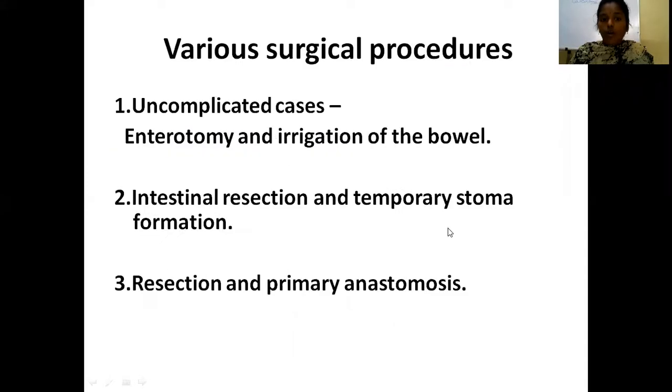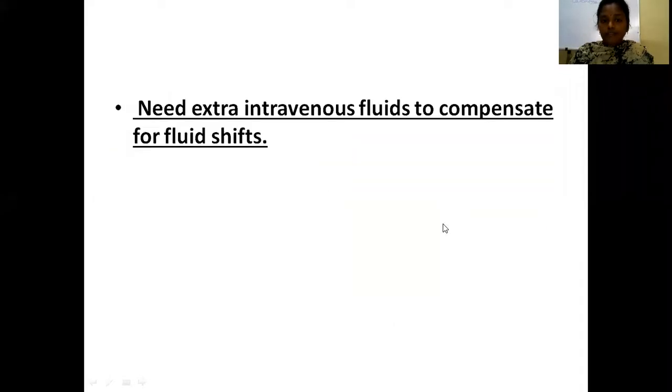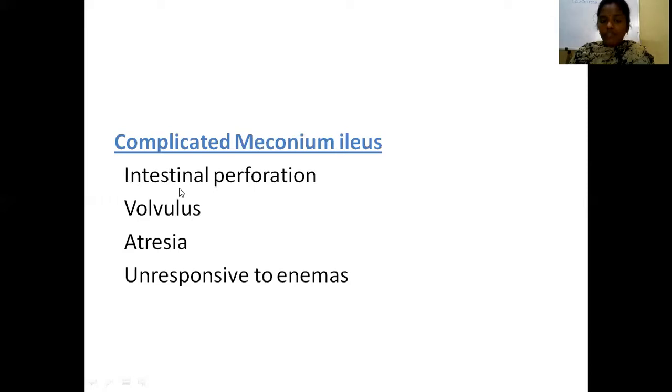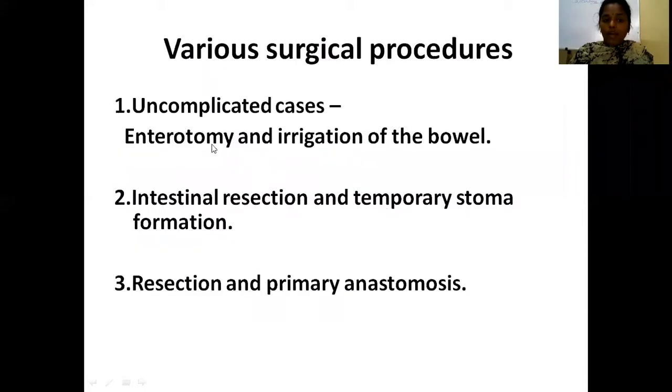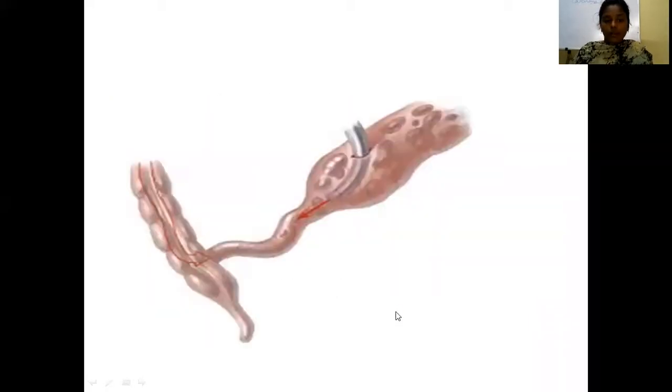For the complex or complicated meconium ileus, which includes volvulus, atresia, and intestinal perforation, surgery is the treatment option. In surgery also, there are various procedures. One is enterotomy, opening and irrigation of the bowel. The other is intestinal resection and temporary stoma formation. The Bishop-Koop surgery and Santulli's procedure come under this. And the third one is resection and primary anastomosis. So this ends meconium ileus.